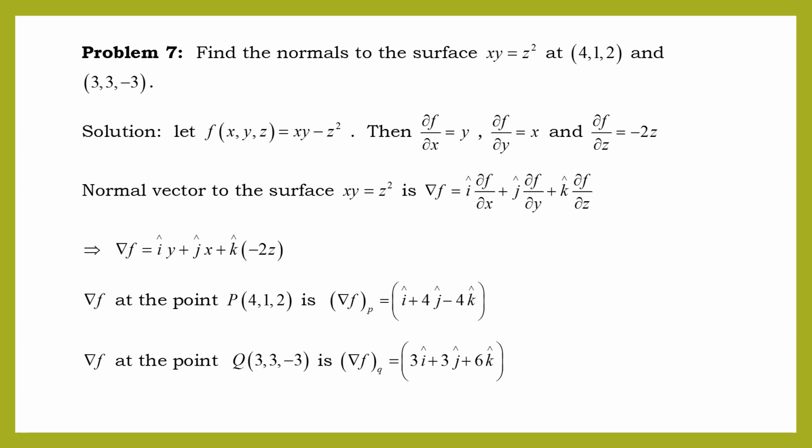Now we need to find ∇f at the point Q = (3, 3, −3). At this point x = 3, y = 3 and z = −3. If we plug in these values in ∇f, then ∇f = 3i + 3j + 6k.